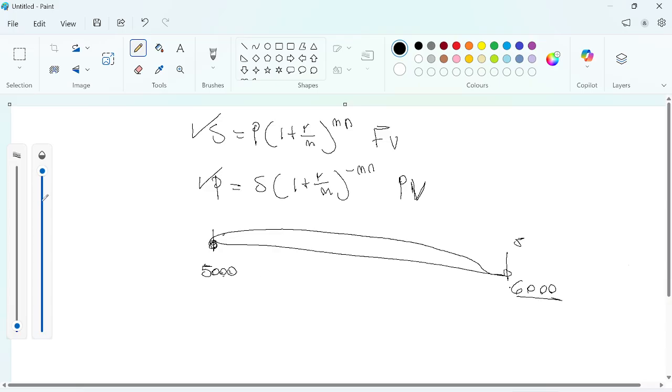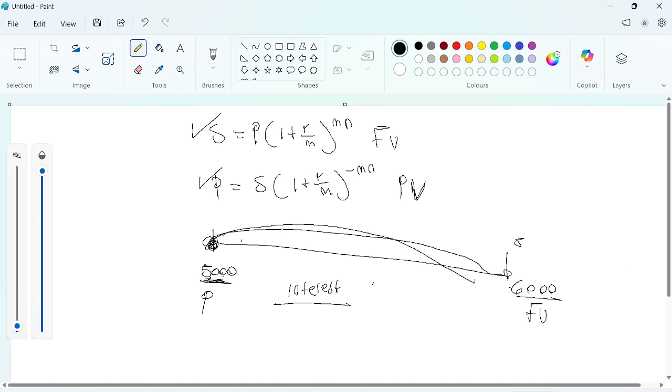It's no longer 5k because I invested it. So in this case, this amount is my present value, and this amount is my future value. Now you need to ask yourself a question: what caused this amount to increase from 5k to 6k? Interest, right? Interest caused this amount to increase from here to here, right?